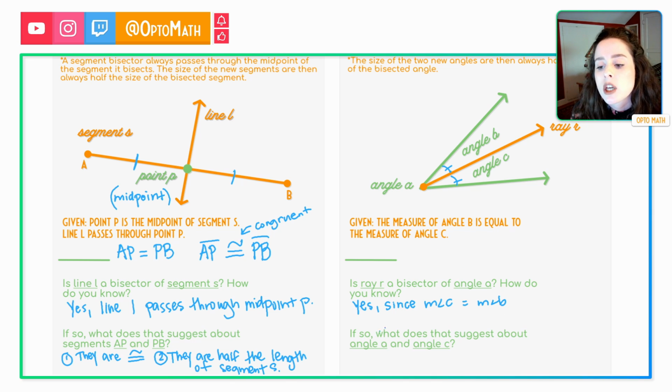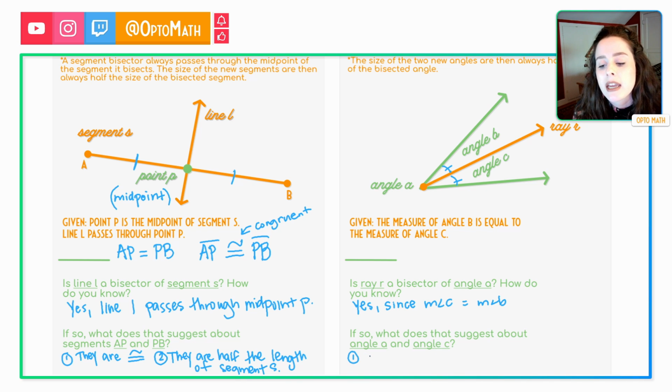If it is a bisector, what does that suggest about angle A and angle C? So we're not talking about angle B and C, we're talking about A and C. Well, we can say two different things.